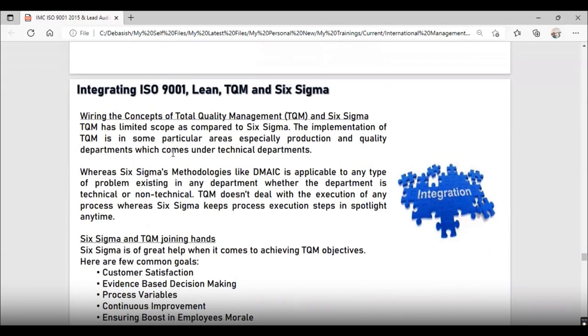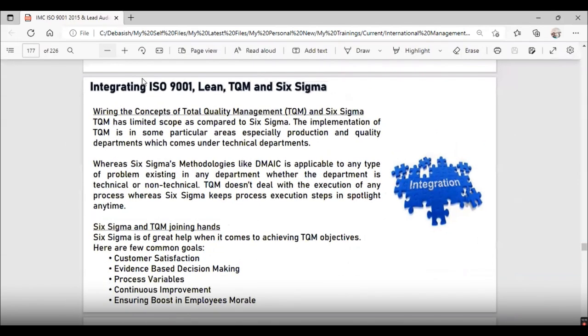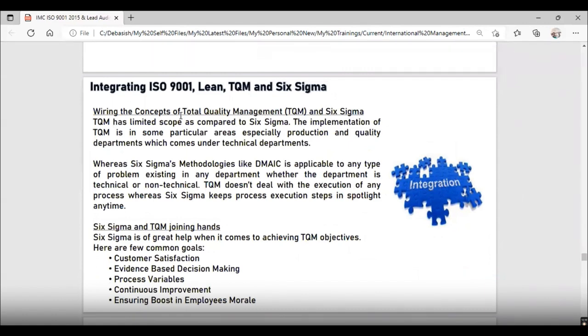Now the concept of total quality management and Six Sigma. Total quality management has limited scope as compared to Six Sigma. The implementation of total quality management is in some particular areas, especially production and quality departments, which come under technical departments.